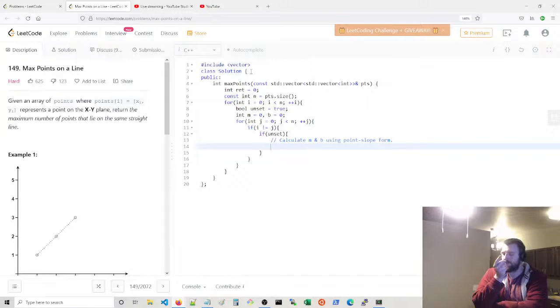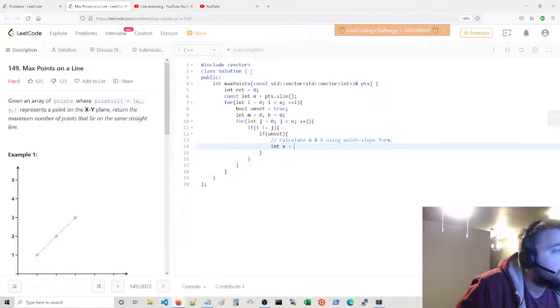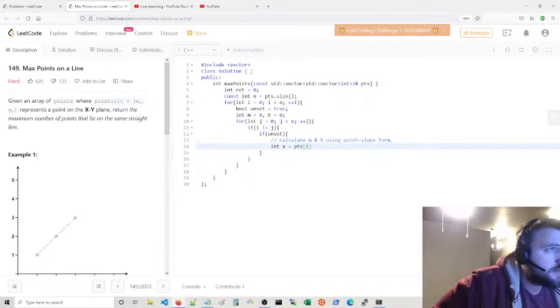m is delta y over delta x, and then b is just going to be y sub 0 minus m times x sub 0. Yeah, for a particular point. So we'll say int x equals points of I of 0, y, and we do a, b, and c, d is probably easier for the 2 points.